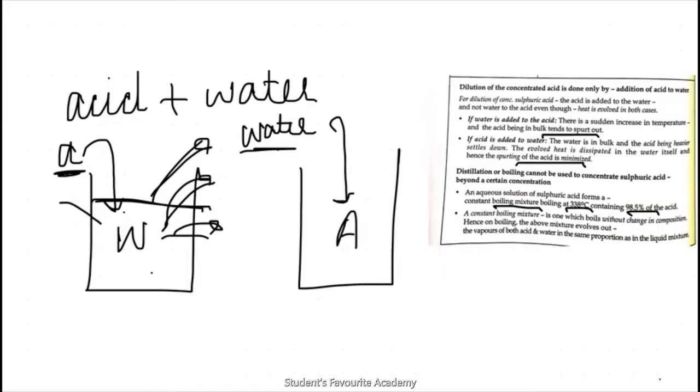Hence, on boiling, the above mixture evolves the vapors of both the acid and water in the same proportion as in the liquid mixture. So this is the reason why boiling can be used to concentrate sulfuric acid only up to a certain concentration, not beyond that.